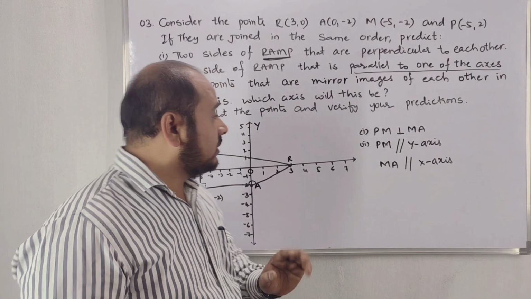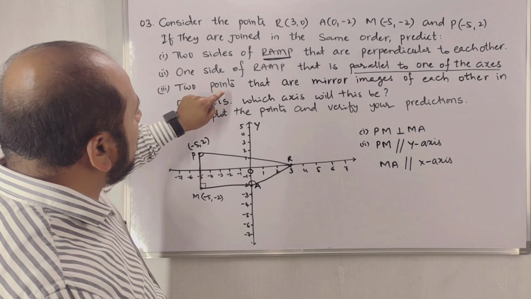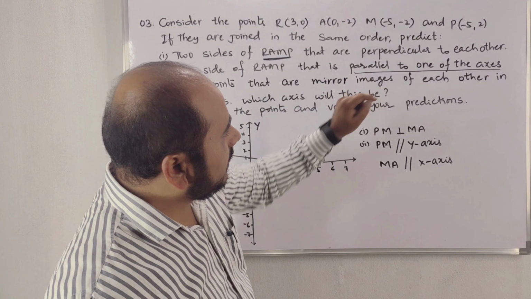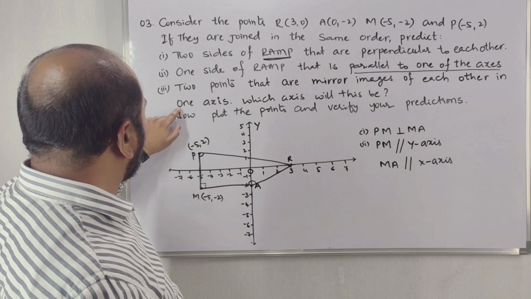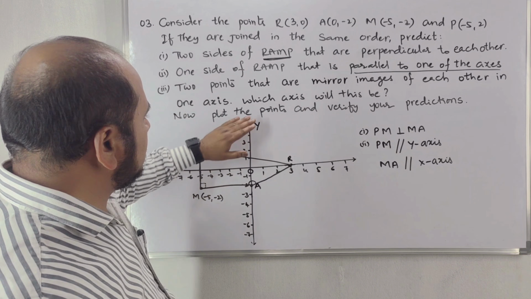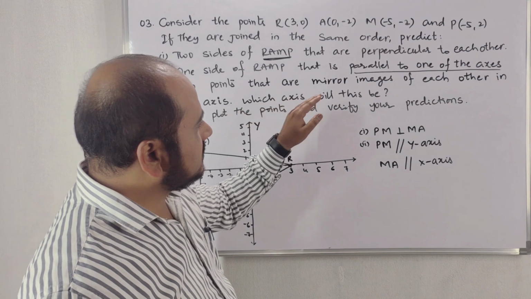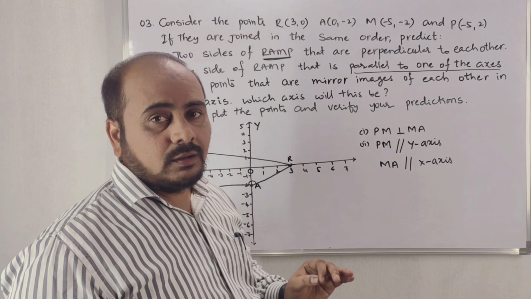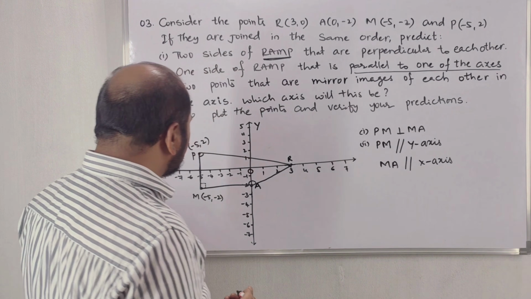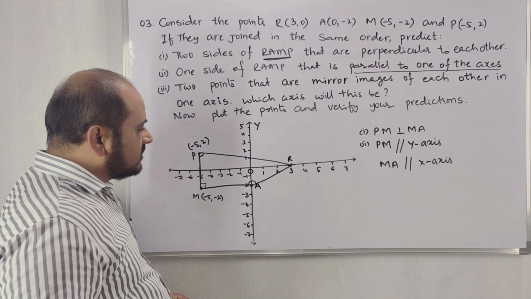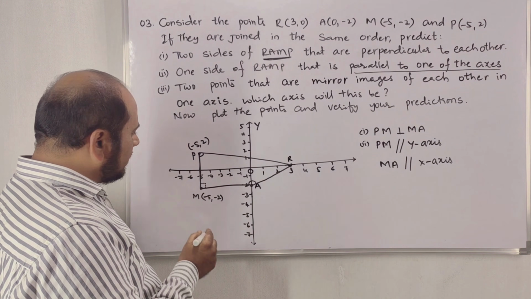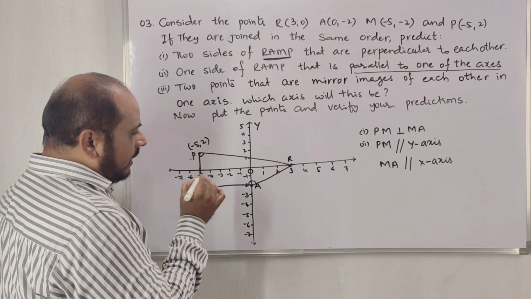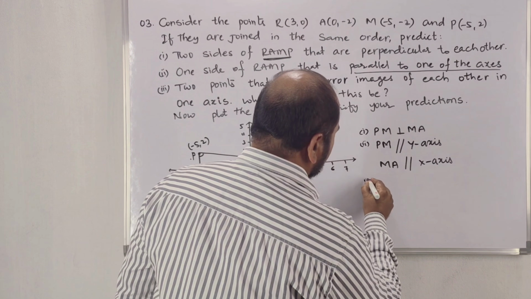Okay, hope you understand. Now come to the third point, my dear. Two points that are mirror images of each other in one axis. Which axis will this be? Good question. Now mirror images. So mirror images generally will be taken with the same distance, my dear. By seeing this picture, immediately you can say that P and M are the mirror images.